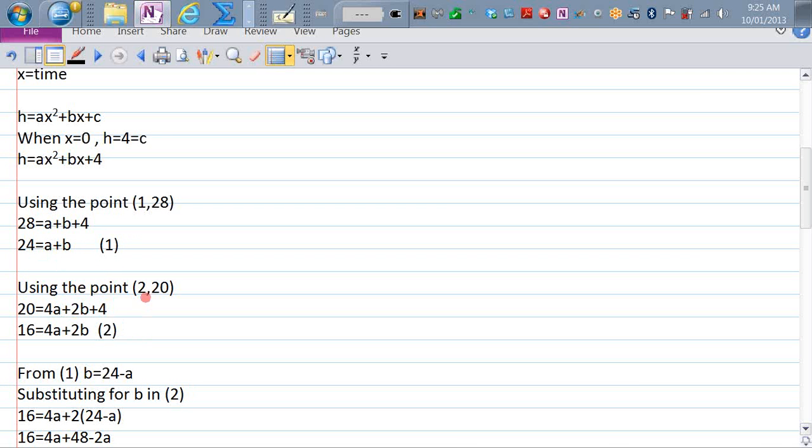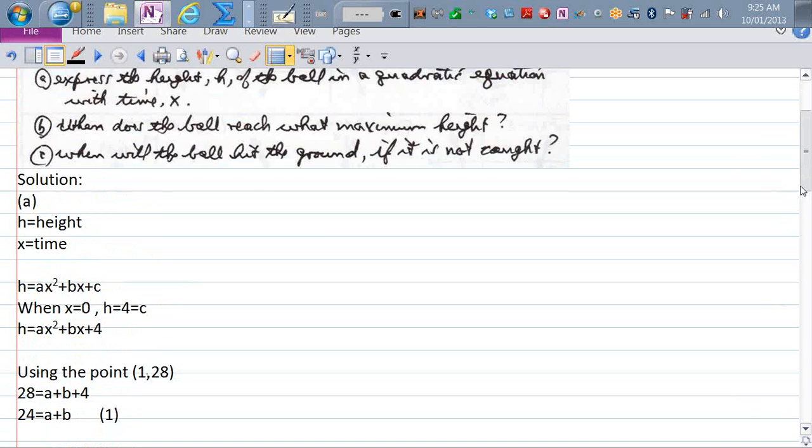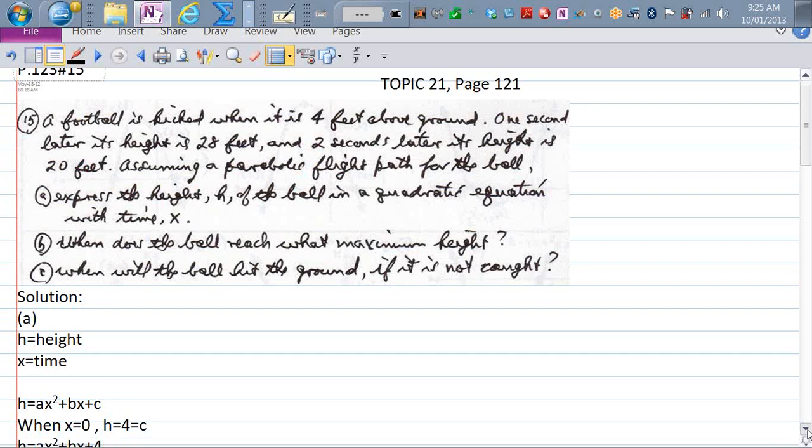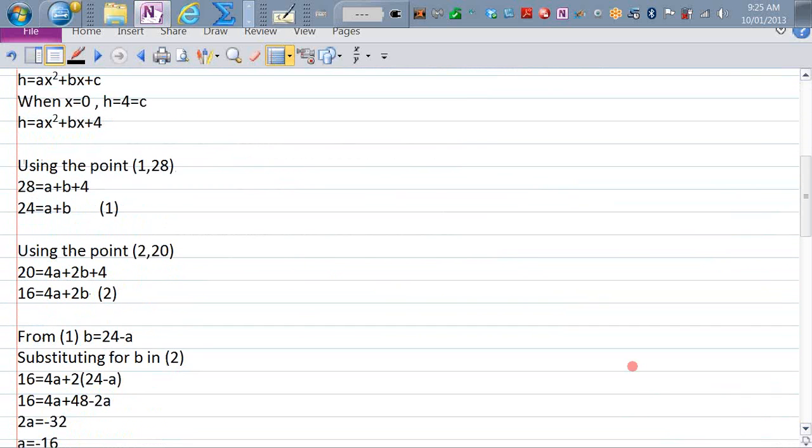Now we're going to use the point (2, 20). And don't forget, this information is obtained right here. So 1 second is my x, and 28 is my height. 2 seconds is another ordered pair, x value, and the height is 20. So we're using both those to determine what a and b are.